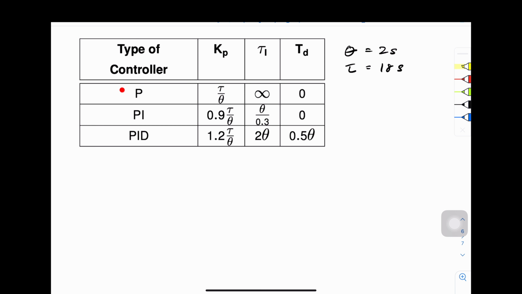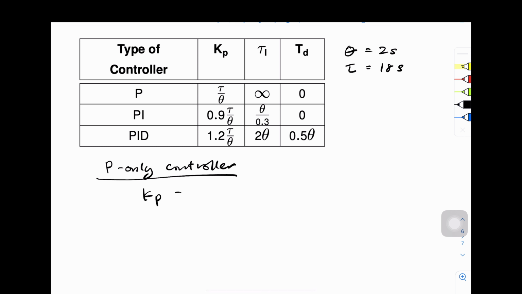For example, if we want to find a value for the P only controller, we have to set Kp equal to tau over theta, which is actually 18 over 2, which is 9. And integral time, we have to set it to infinity.